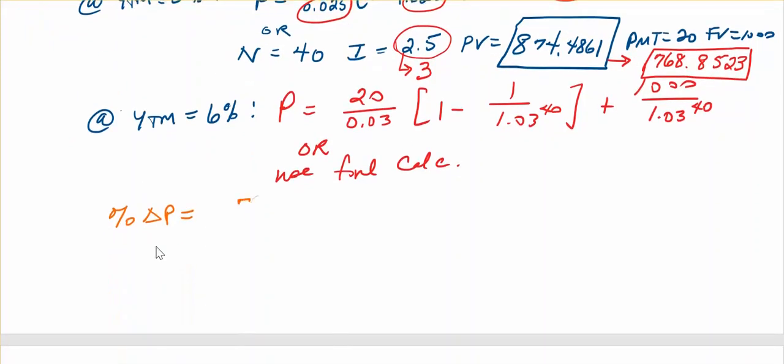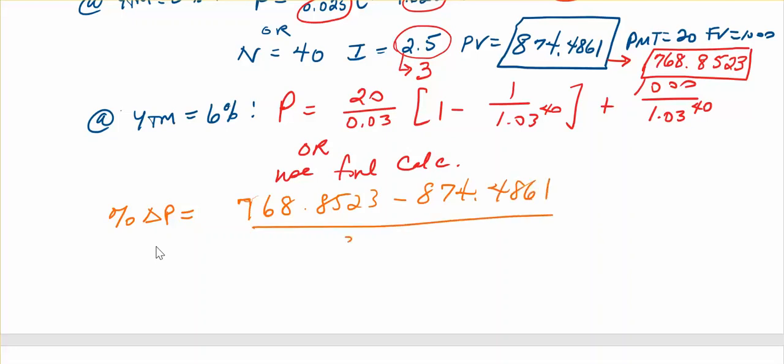So after the interest rate changes, price is 768.8523, that will mean that the price is going down. Important to remember that fact about bonds, that when interest rates go up, prices go down.